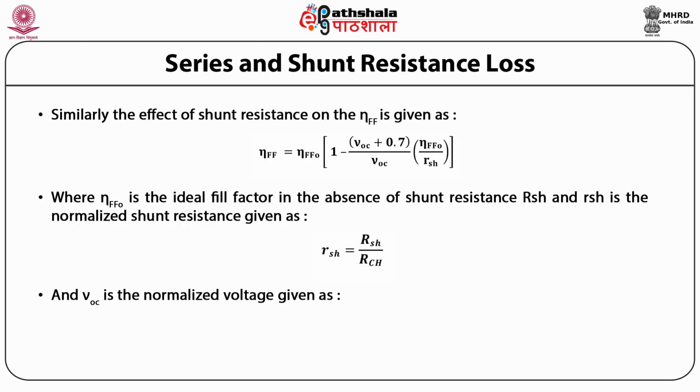And as you can see, here small voc is the normalized voltage, which is different from capital VOC, and it is given by capital VOC by NKT by Q.